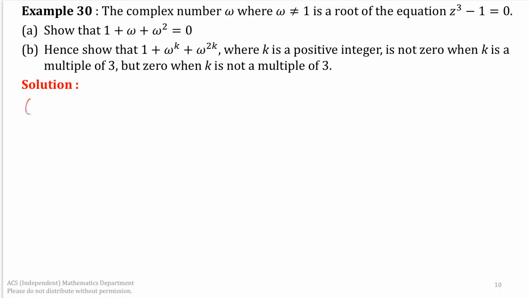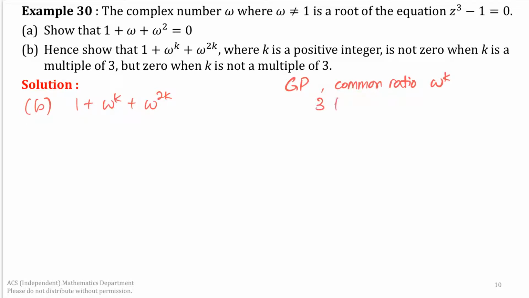Now part B. Hence, now show that 1 plus omega to the power of k plus omega to the power of 2k, where k is a positive integer, is not 0 when k is a multiple of 3, but 0 when k is not a multiple of 3. Now, regardless of whether k is a multiple of 3 or not, we know that this is still a GP, common ratio now no longer omega, but omega to the power of k, and we have 3 terms.